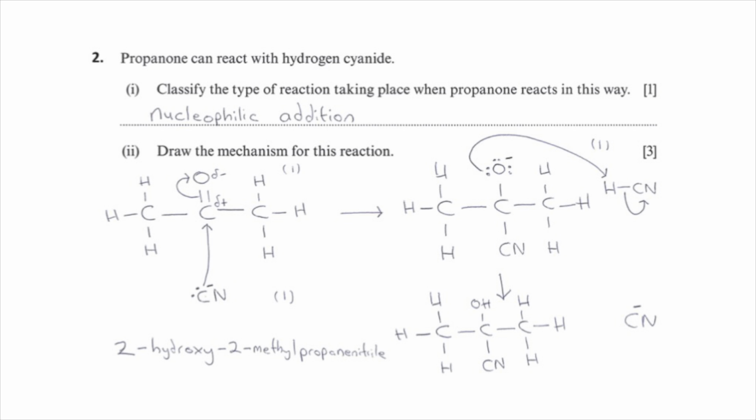And the final mark is given if you drew a double-headed arrow from the pair of electrons on the O- attacking either a H+, or you could do like I've done, attack a HCN molecule, and that causes the bond to break.